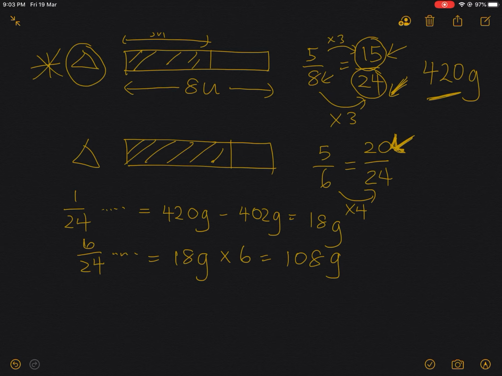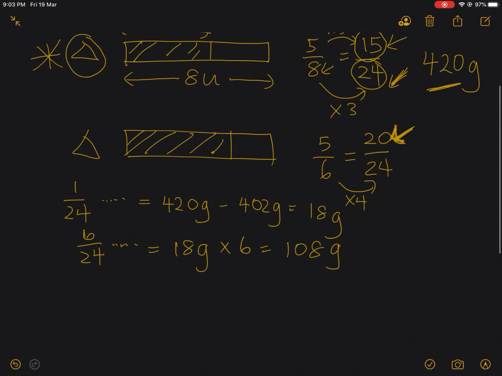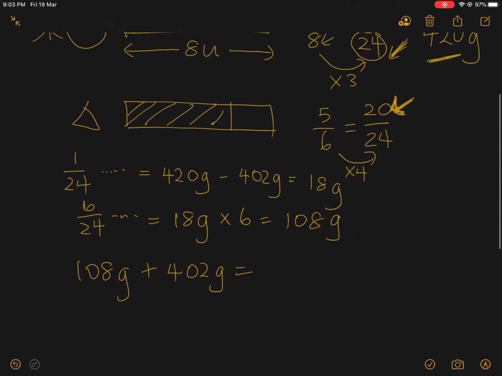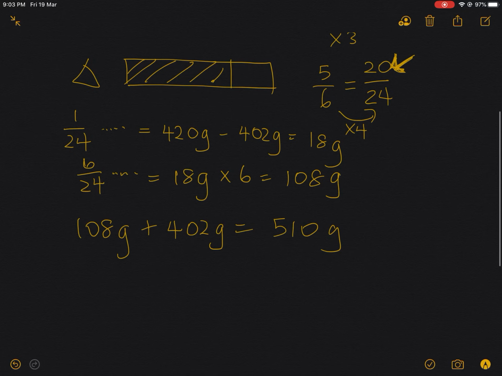And when we take this 108, which is the 6 units, and add it to 402, we can find out the mass required by the question. So that will be 510 grams. Let's repeat. This 402 is the bottle, together with 14 out of 24.